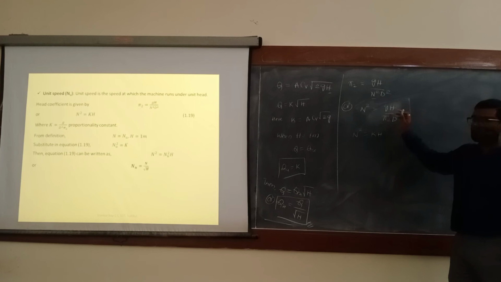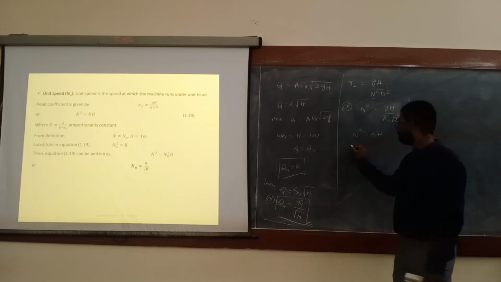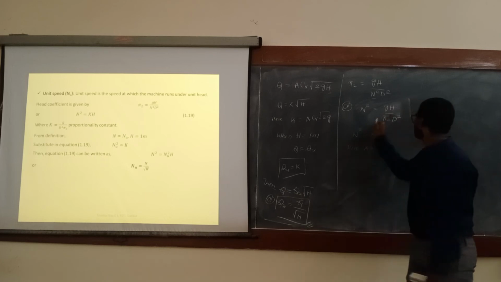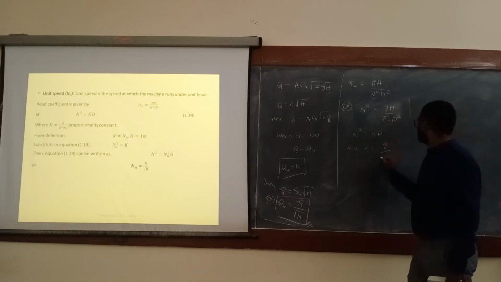So here we have the three constants g, psi, D. Instead of having a number of constants, let it be one constant, that is K. Here what is the value of K? K is equal to g by psi D square.